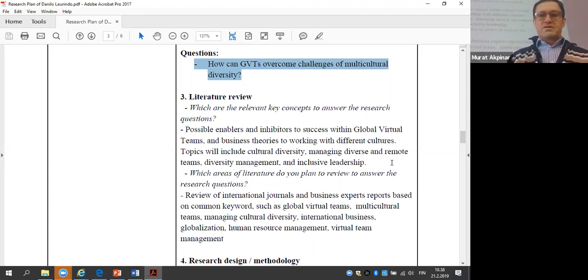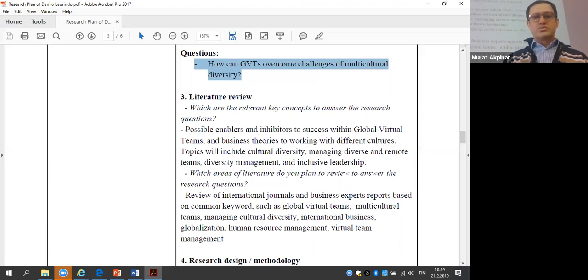So we looked at what we should do in the section about the literature review. Now let's have a look at the research plan of Danilo to see what he has included under that part. So what are the relevant key concepts?